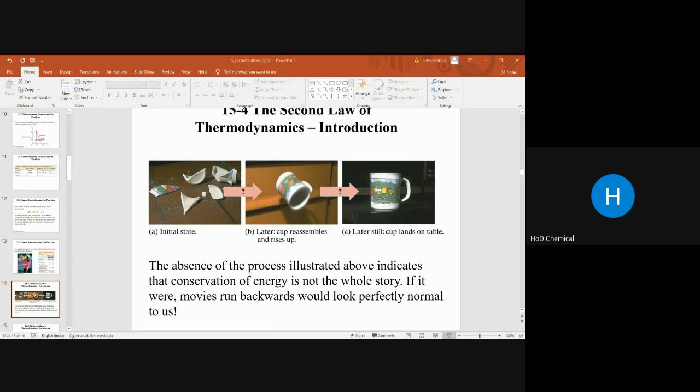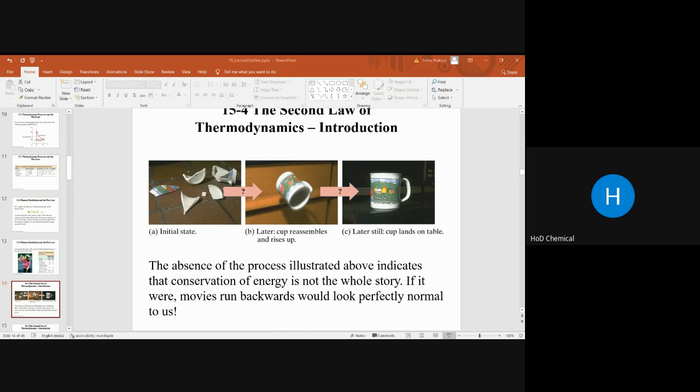Now, what is the problem solving method in thermodynamics? The first one, carefully note it down. First one is to define what is the part of the system and what is the part of the surroundings. Repeatedly, what is the system and surroundings.